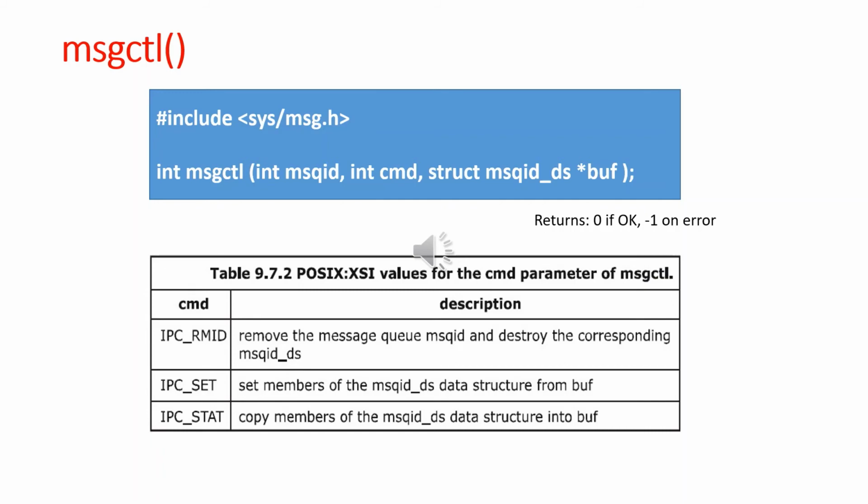Whatever you want to identify and do, it is possible to store it in buffer memory. One is from the buffer you want to take, for that you use IPC_SET.